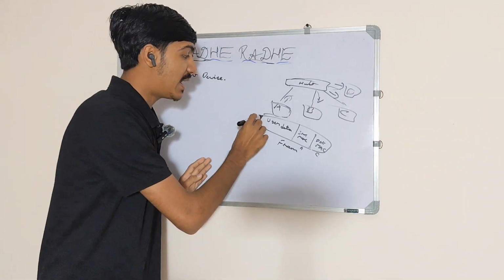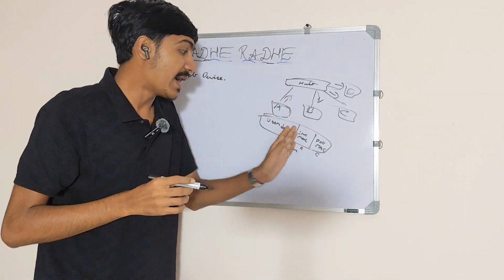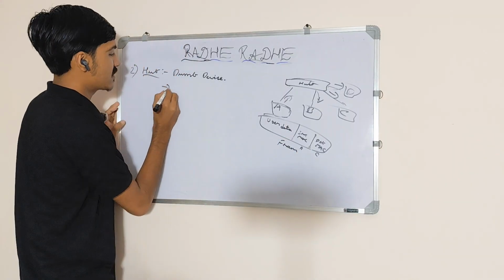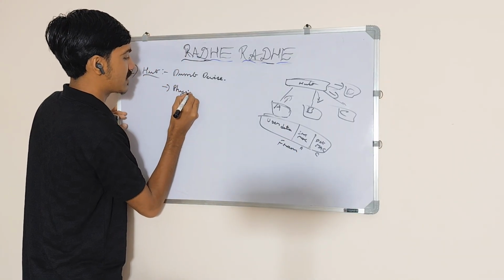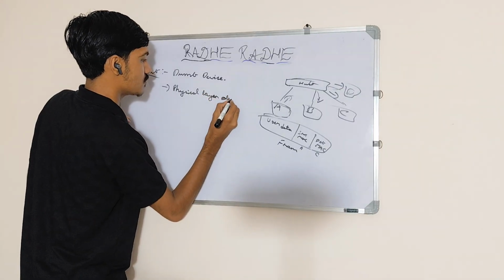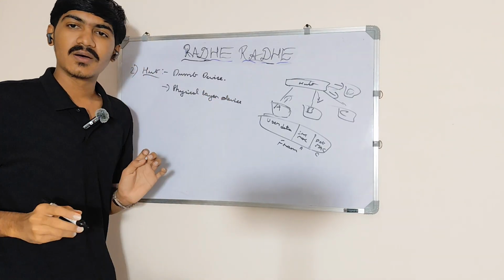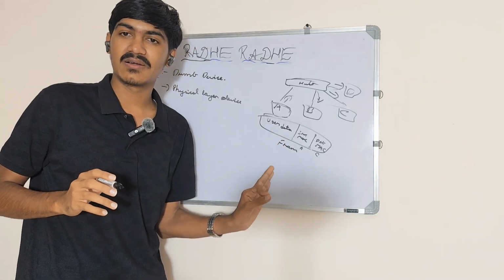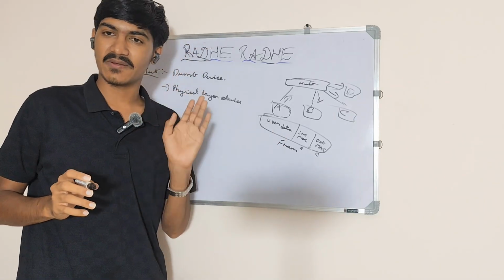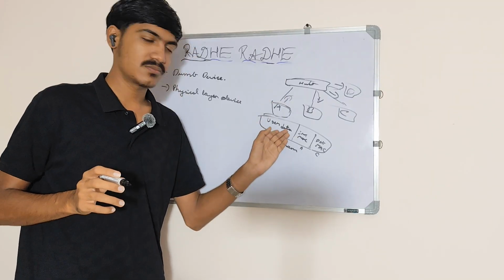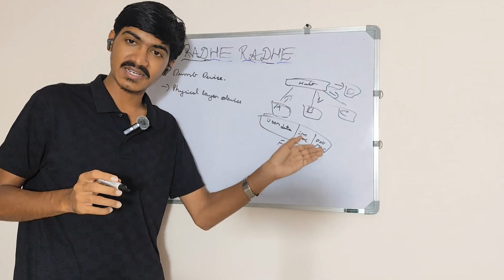That is the reason it's called a dumb device. And as the hub doesn't have access to the data, that is the reason it is a physical layer device. Any device which has access to the data is nothing but a data link layer device. Now the hub doesn't have access to this MAC address, this data.